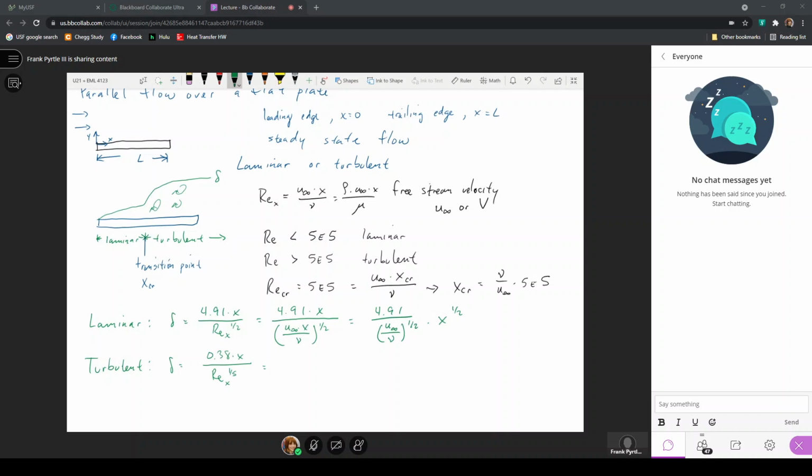So again, if I substitute in the expression for the Reynolds number, this expression becomes 0.38 times x divided by the free stream velocity times x over nu to the 1/5 power, which is like a minus 1/5, and here this is a 1. So this expression becomes 0.38 times the free stream velocity divided by the kinematic viscosity to the 1/5 power times x to the 4/5.